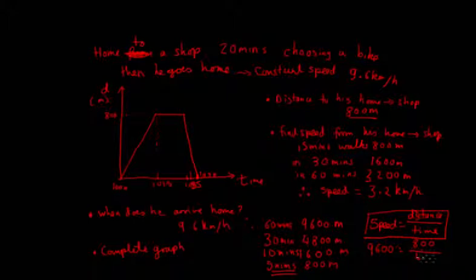So the time is going to be 800 divided by 9600, and work that all out. You'll get a time which is in hours, and you need to convert it into minutes by multiplying it by 60, and then you would get the 5 minutes, which I think is a far better way of doing it. So I hope that helps.